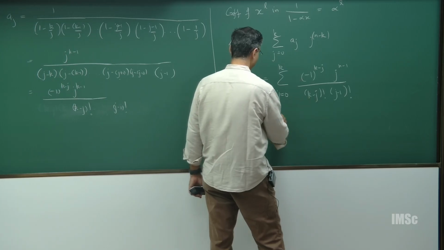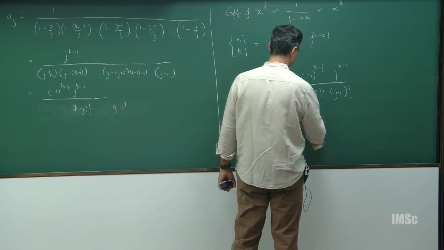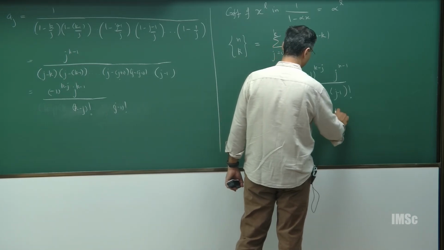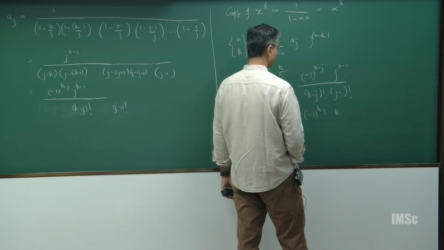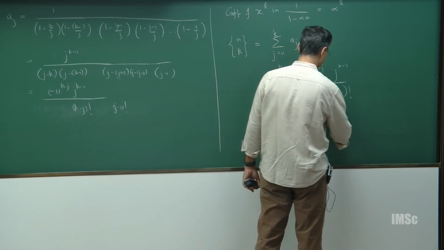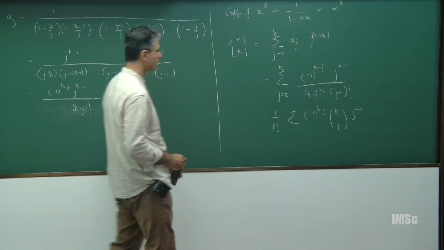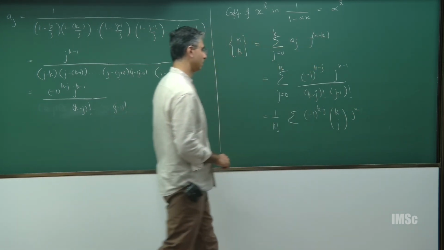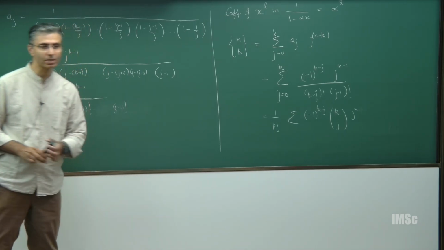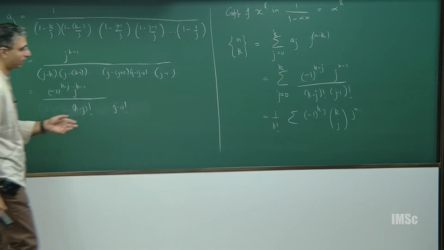So, if we multiply and divide by k factorial, then this is slightly easier to remember. Okay, so it is some kind of a weighted combination of binomial coefficients. Okay.